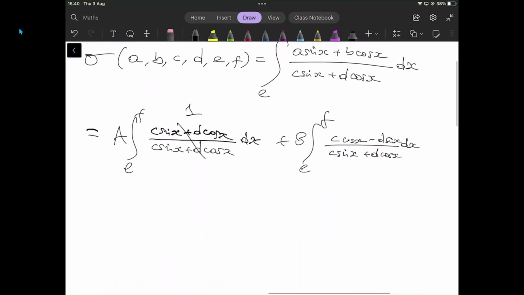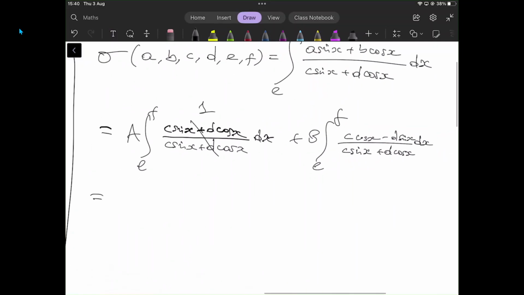So we end up with a lots of the integral from e to f of 1 dx plus b lots of the integral from e to f of c cosine x minus d sine x over c sine x plus d cosine x.